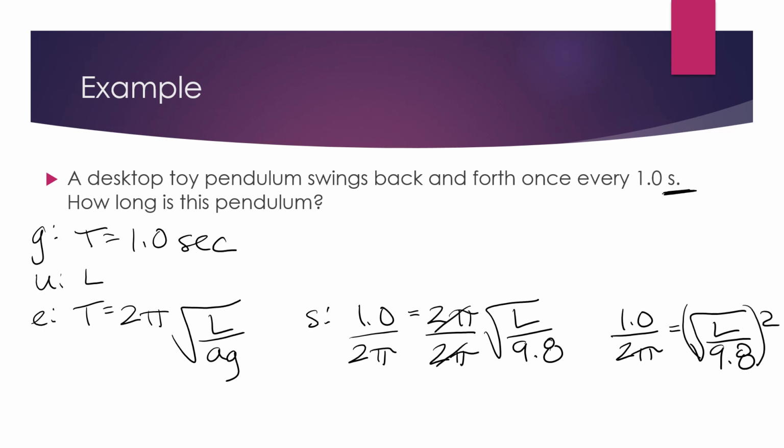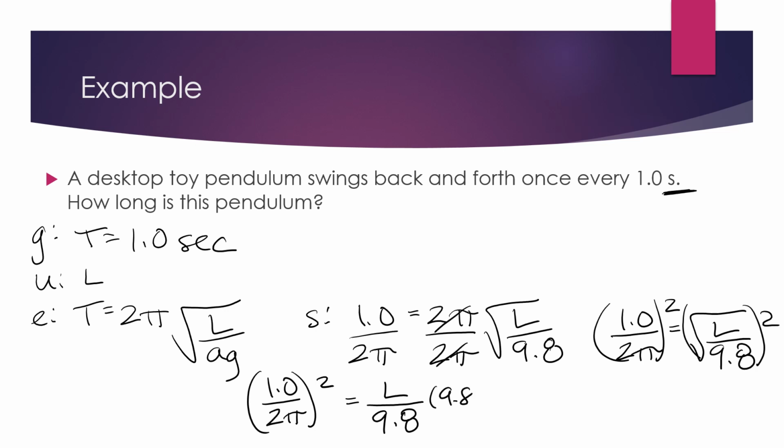Because that's correct. So now I have 1 over 2 pi, whole thing squared, equals L divided by 9.8. Well, I can multiply both sides by 9.8, and that'll get rid of my 9.8. So L is equal to 9.8 times 1.0 over 2 pi, squared.